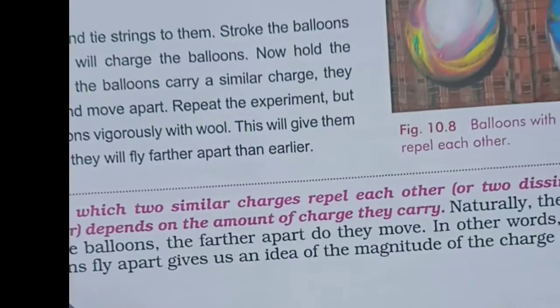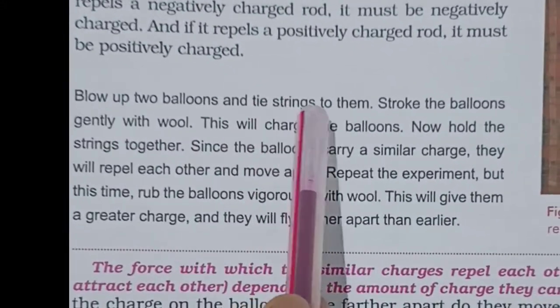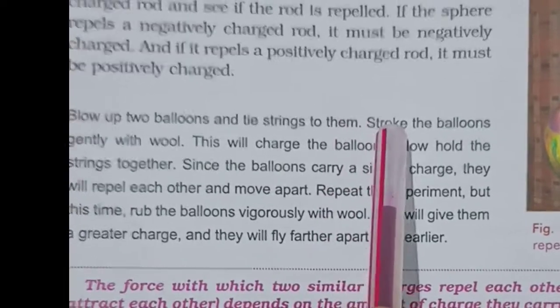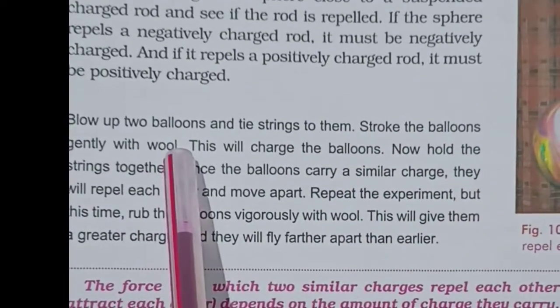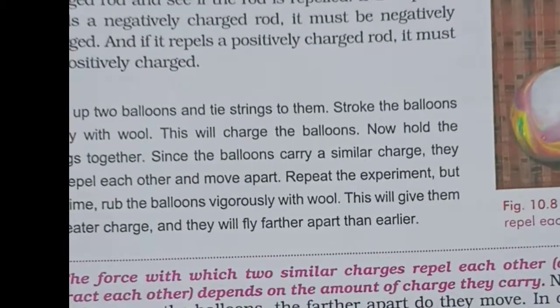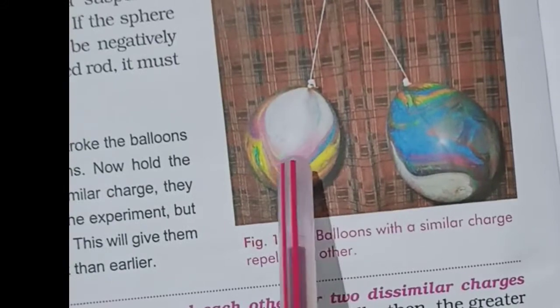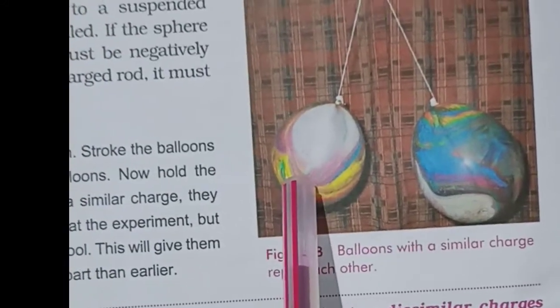Now we are told to do another activity. We are told to blow up two balloons and tie strings to them. Stroke the balloons gently with wool. That means we strike the balloons with wool. This will make the balloons charged.